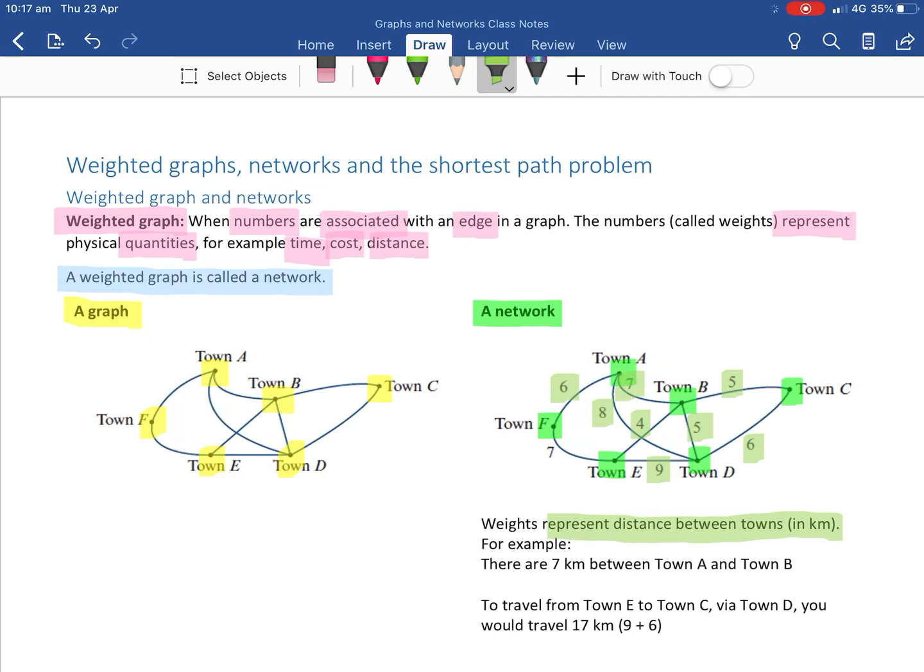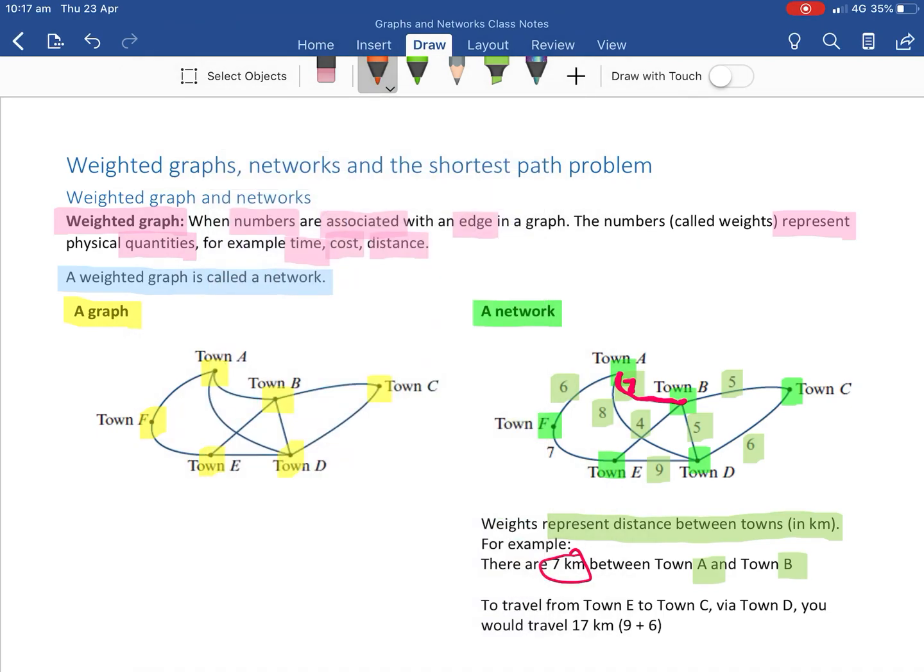There will always be an explanation of what the number means. You've always got to make sure you've allocated a quantity to them. For example, between town A and B, we're looking at this edge here, the distance is 7, so it's 7 kilometres.